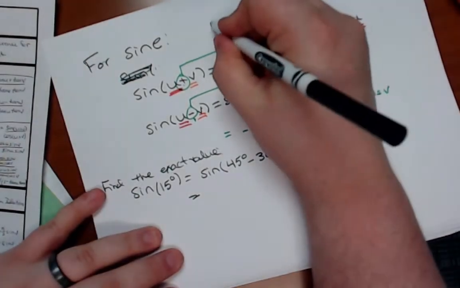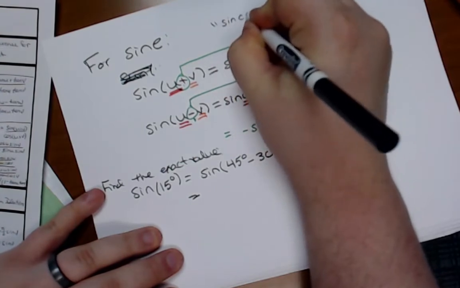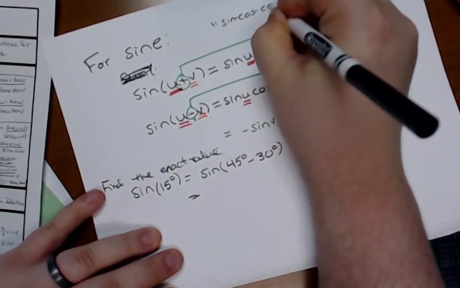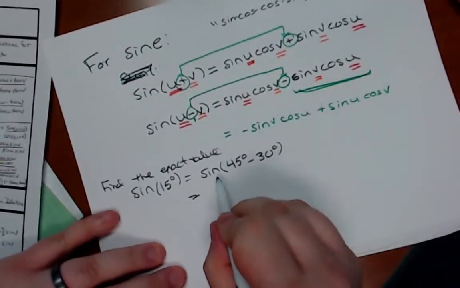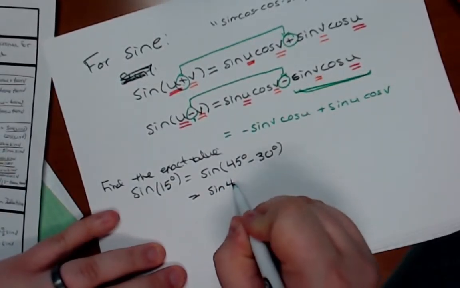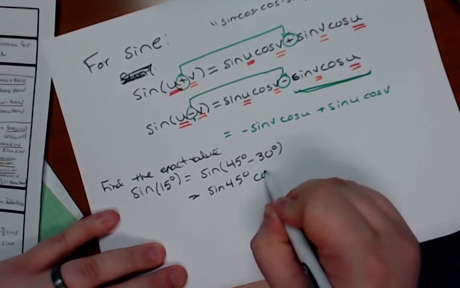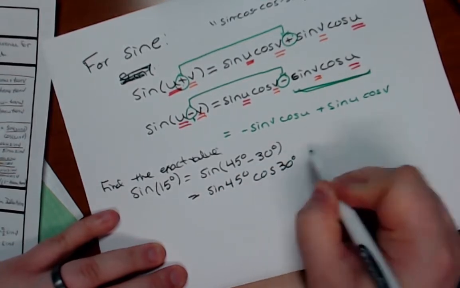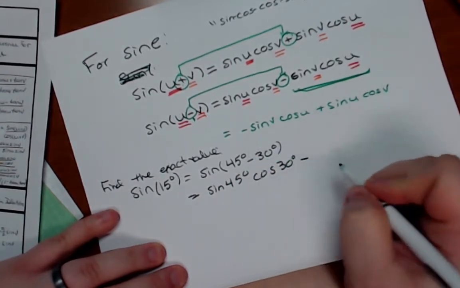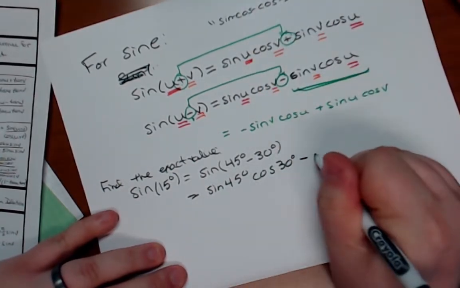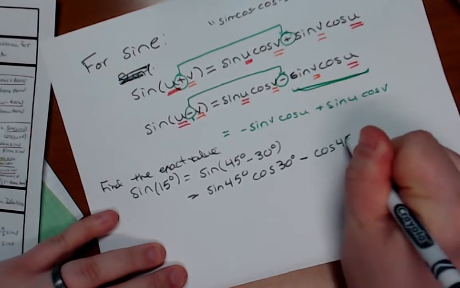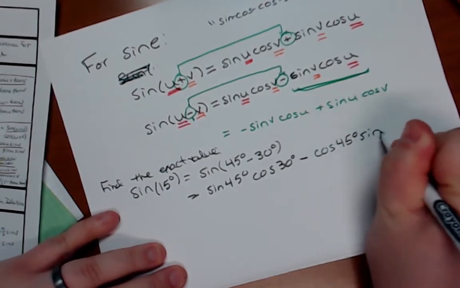If you want a way to remember this, it's sine, cosine, cosine, sine. So we have sine of the first, sine 45, cosine of the second, cosine of 30. The middle stays the same because there's no sine up there. Sine, cosine, cosine of 45, sine of 30.